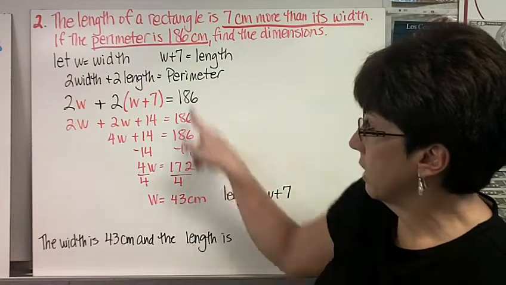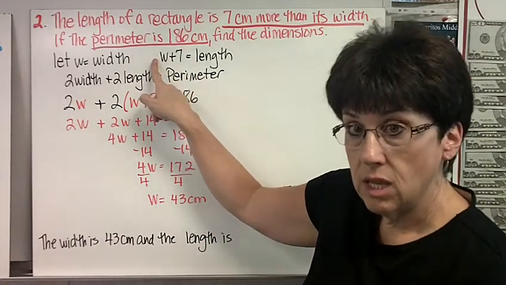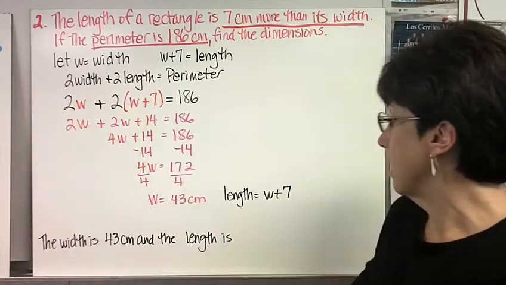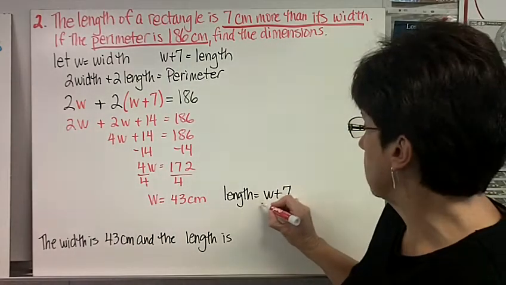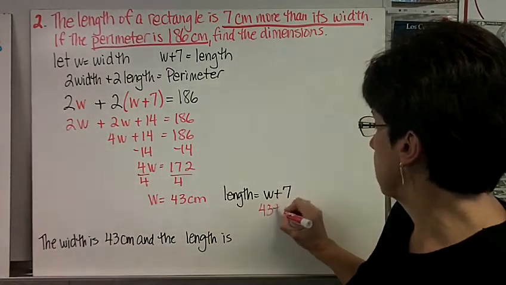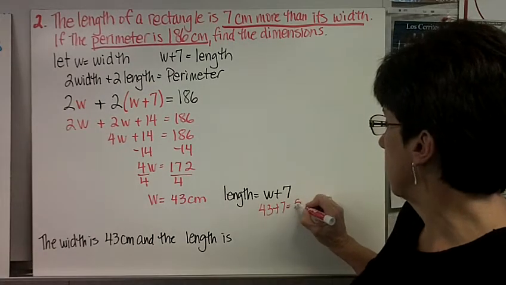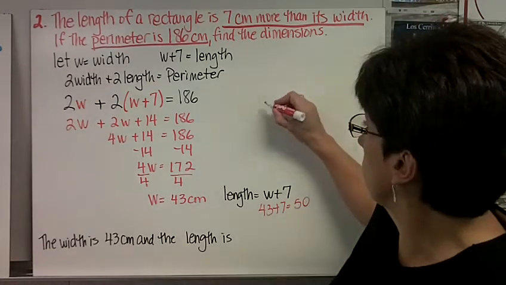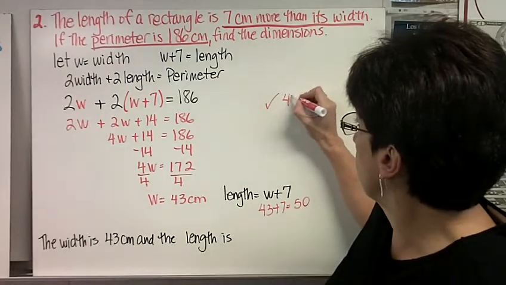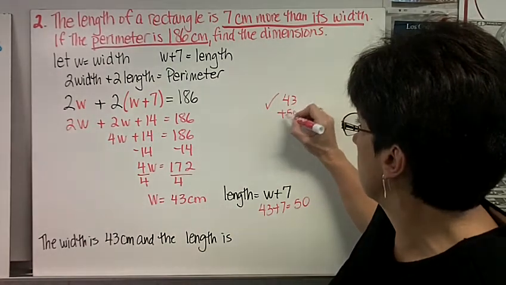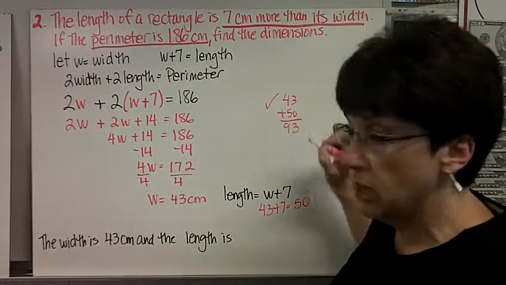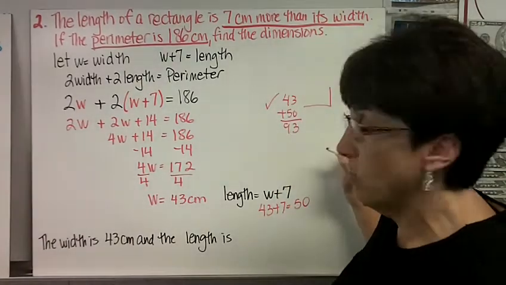Now if I go back up to my let statements, I see that W plus 7 is the length, so I wrote it down here. So if I said 43 plus 7, I get 50, so that's my length. And if I were going to check that, I could say 43 plus 50 equals 93. So that's this much of my rectangle.